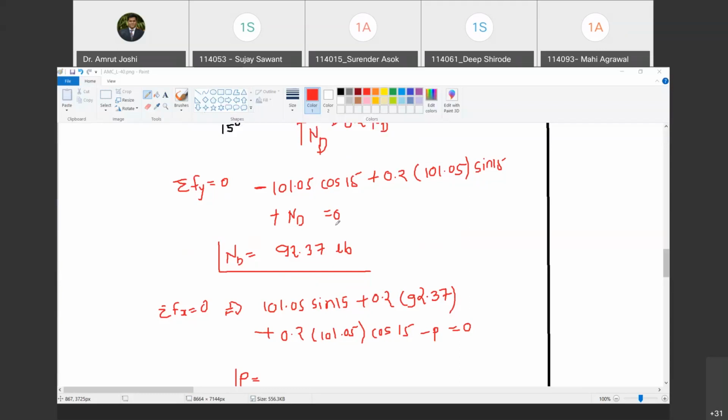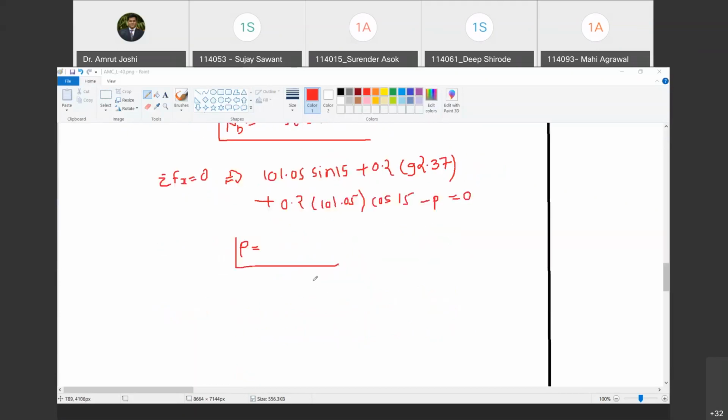Okay. Check the other calculation also. So I'm getting 64.15 only.